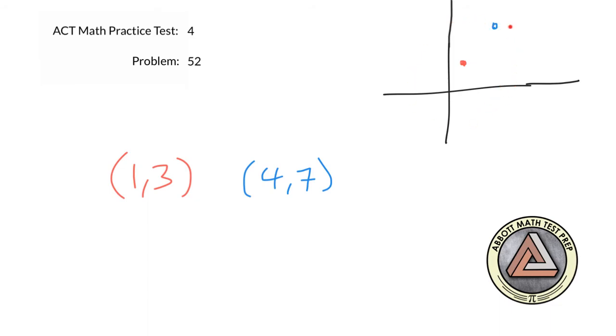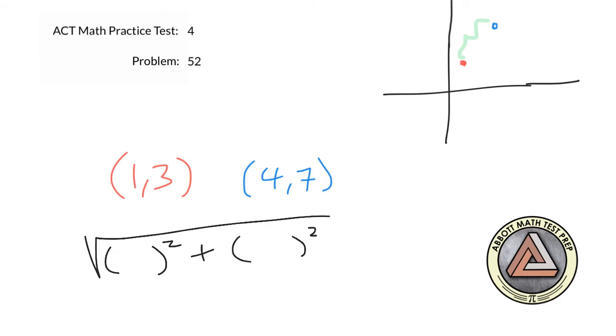Let's investigate by figuring out what this radius is. Some of you might realize very quickly that you could use the distance formula for that. In my opinion, it would be a smart idea for you to know the distance formula for the ACT.